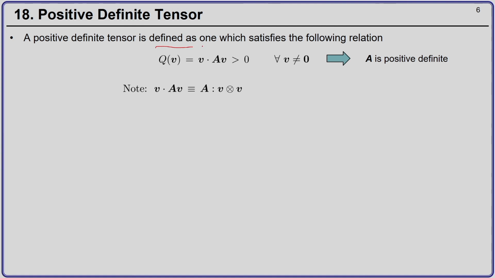The next important concept is the concept of a positive definite tensor. So, what is a positive definite tensor? A positive definite tensor is defined as one which satisfies the following relation.